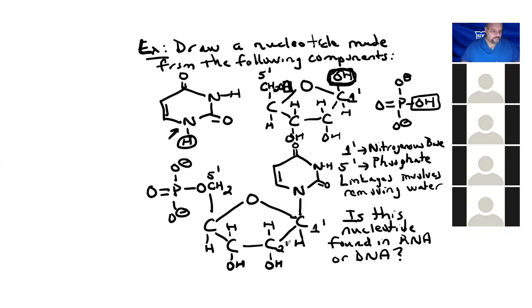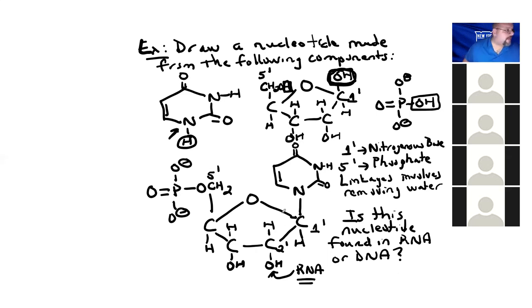OH. For deoxyribose, what goes in the downwards direction off of carbon 2 prime? H. So since we have an OH going downwards off of carbon 2 prime here, it indicates that this nucleotide would be found in RNA.